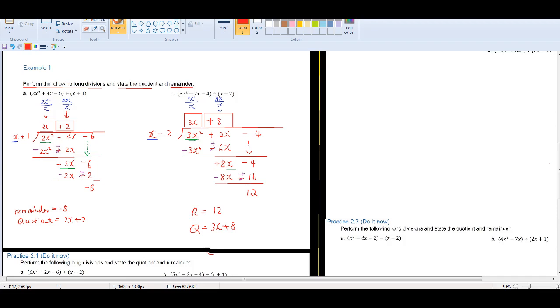Then you divide the leading term in the dividend by the leading term in the divisor, and you will have the first term. Then you get a new line because you multiply that term by the divisor, you change the sign, and you add them. You must make sure the leading terms cancel out. Good.